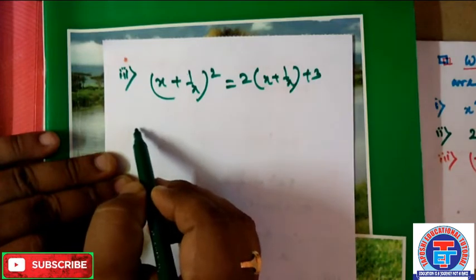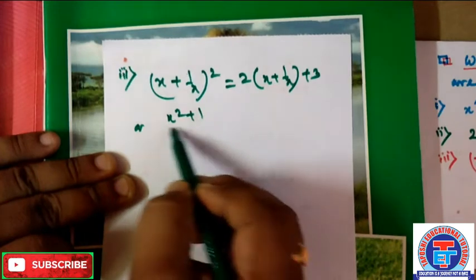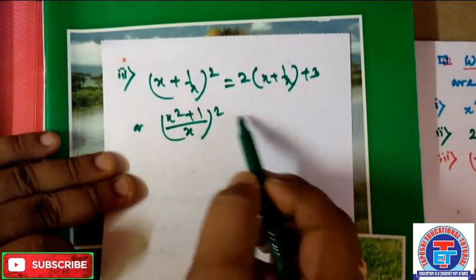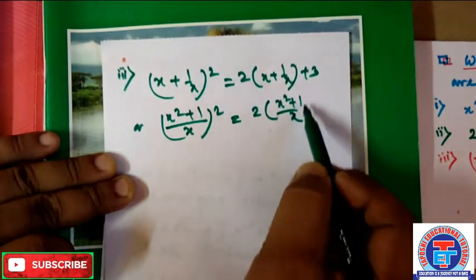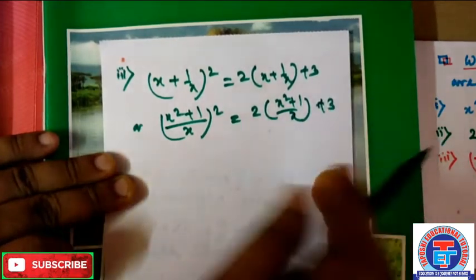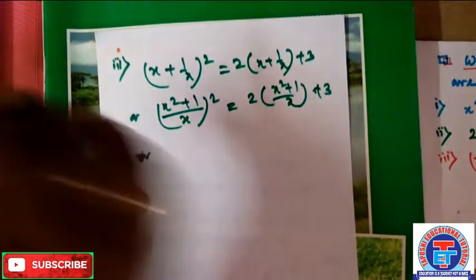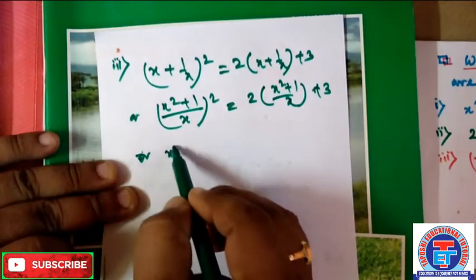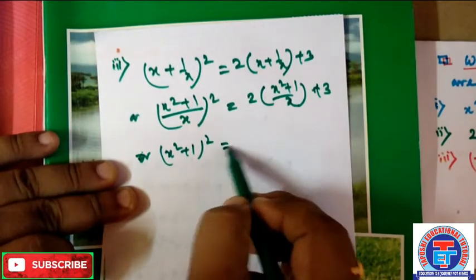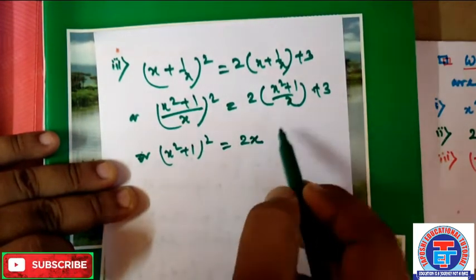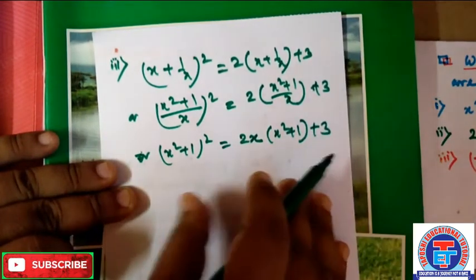So we solve this equation, or x square plus 1 by x its square is equal to 2 into x square plus 1 by x plus 3. Right? Or we can write this one, x square plus 1 its whole square is equal to 2x into x square plus 1 plus 3.